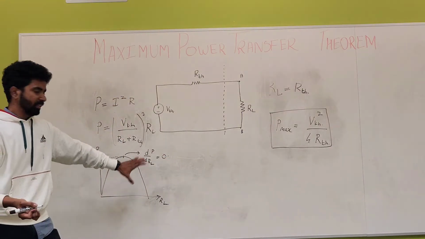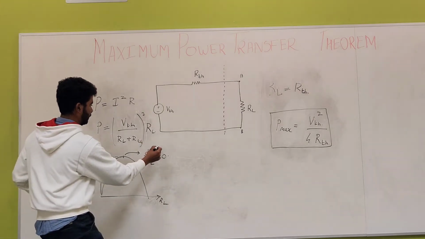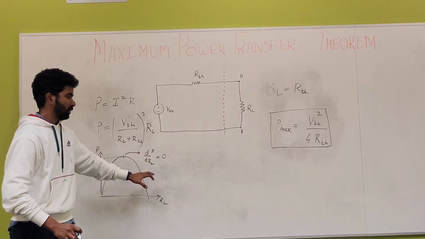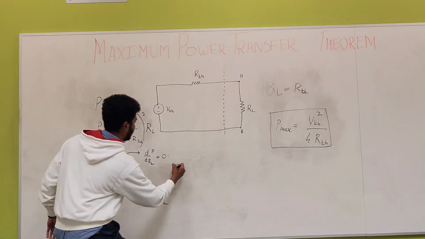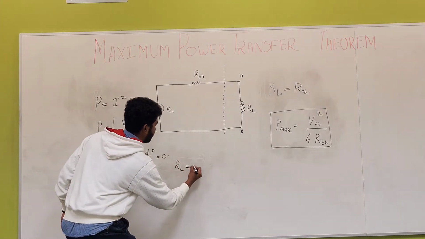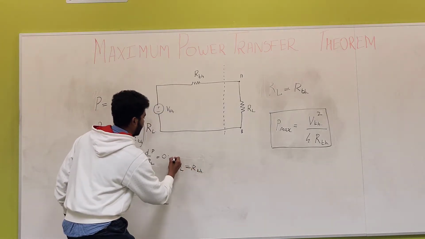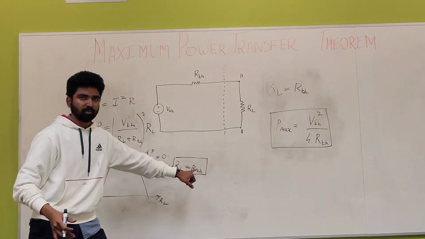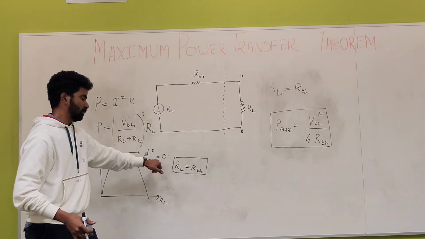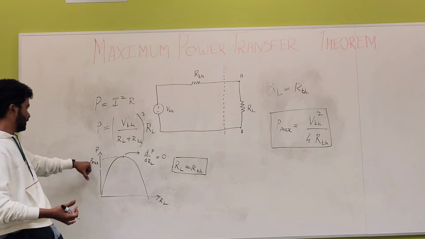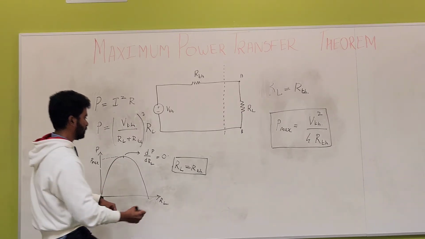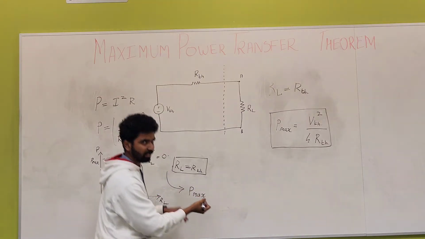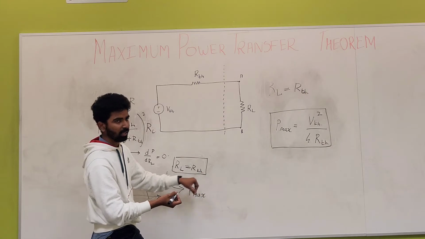Using this concept and this equation, if we put the value of P in this, then we get a situation where RL becomes equal to RTH. This proves that RL equal to RTH is the condition for maximum power. So it sets the P max condition where RL is equal to RTH.